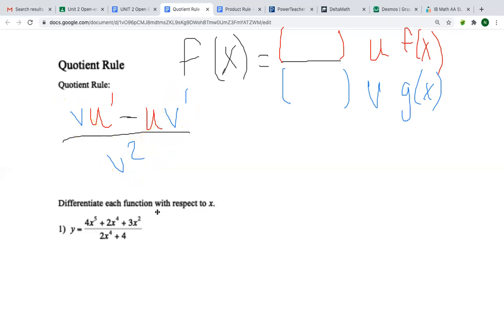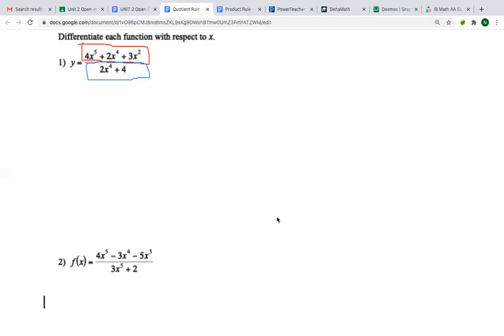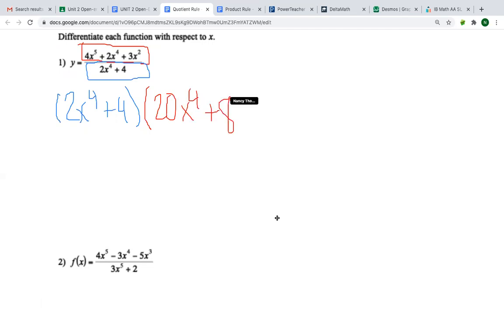So now I'll go through example 1. Okay, so here we have V, so that's 2x to the 4th plus 4, times U prime, so that's the derivative of the top. So we have 20x to the 4th plus 8x cubed plus 6x. So VU prime minus UV prime.